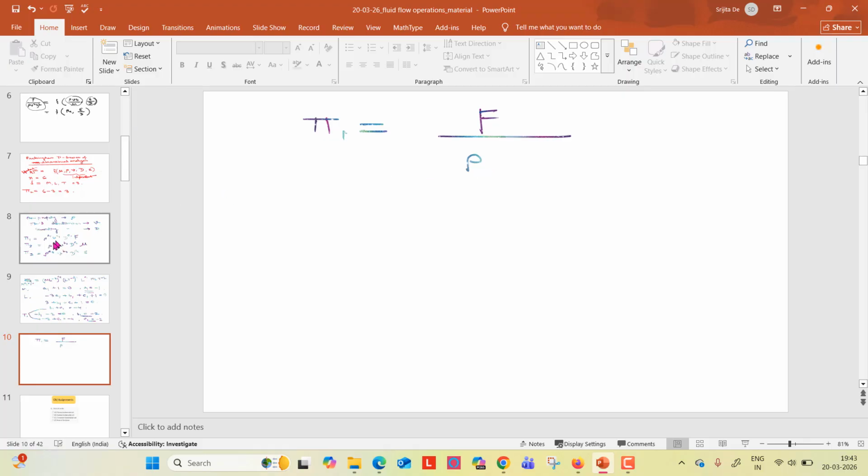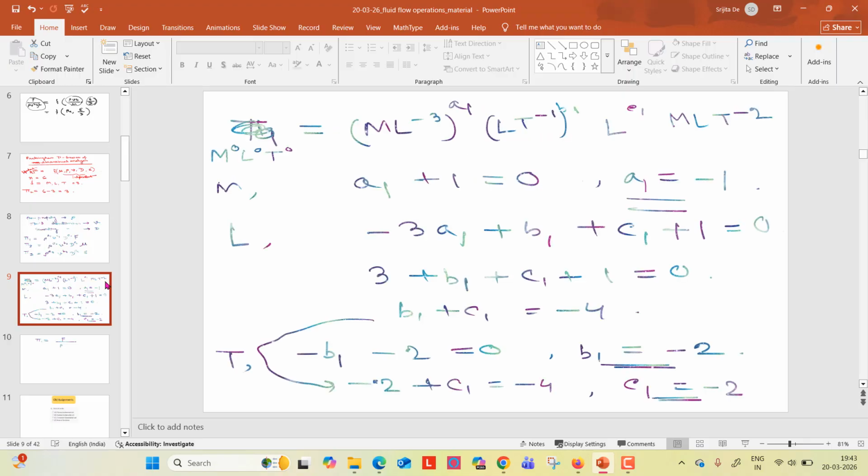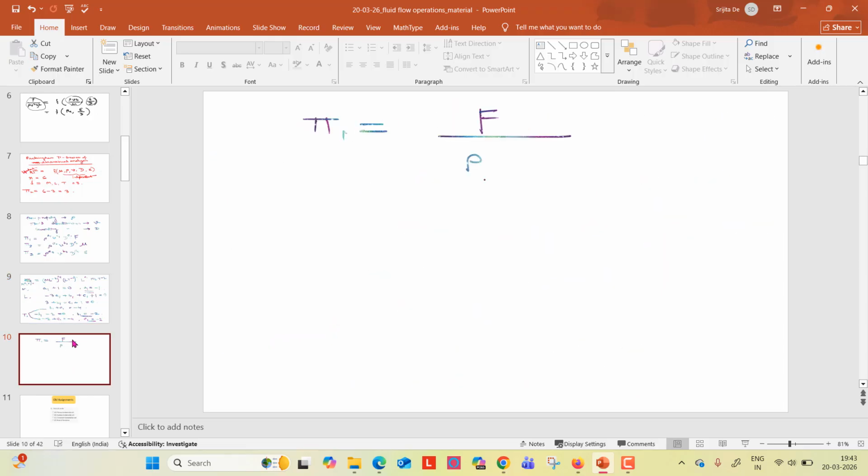Then there is v, so v to the power b1. It is v square, so in the denominator it will be v square. Then it will be d square. Similarly, this is your first dimensionless number, which we also got from the Rayleigh method. Then comes the pi2.